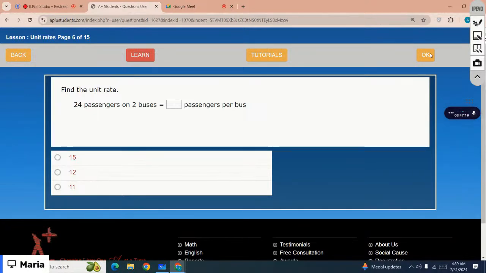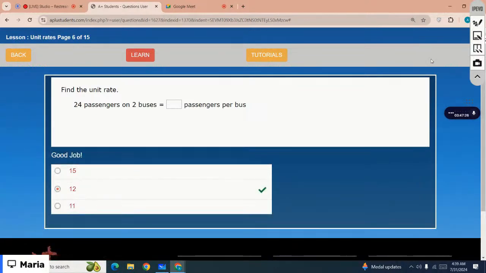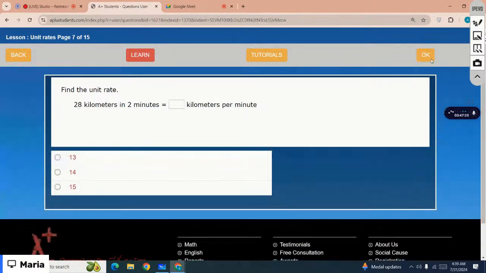The correct option is 12. The unit rate: 28 kilometers in 2 minutes. So how many kilometers per minute? Yes, that is 14 kilometers per minute. The correct option is 14.